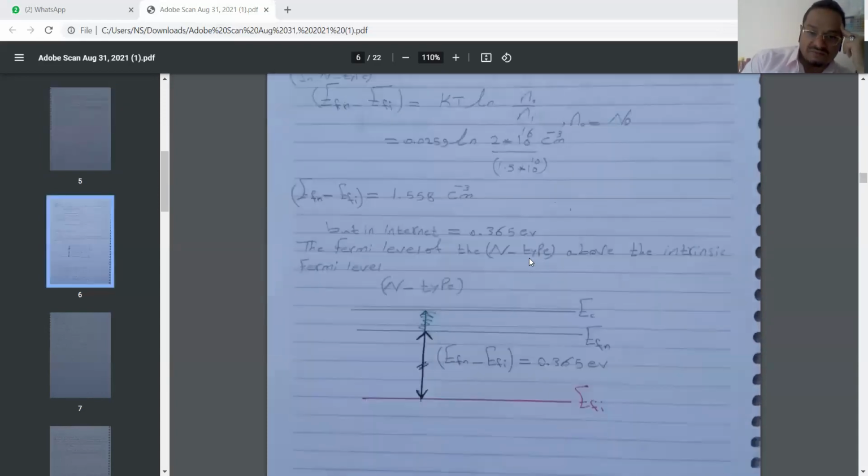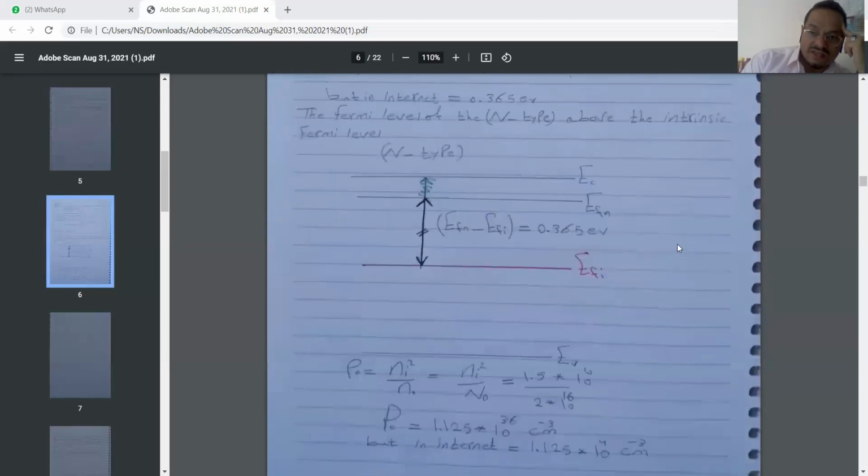Because in this diagram, like we said before, we have 3 important lines: the conduction band, the intrinsic Fermi level in the middle, and at the bottom the valence energy band. Here EFN, the Fermi level for electrons, will be near the conduction band and far away from the valence band in n-type.